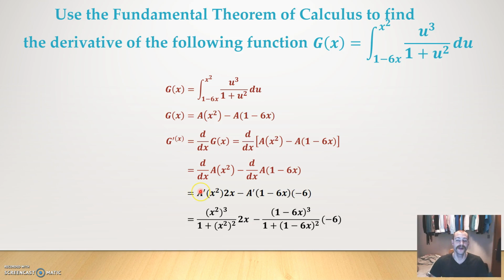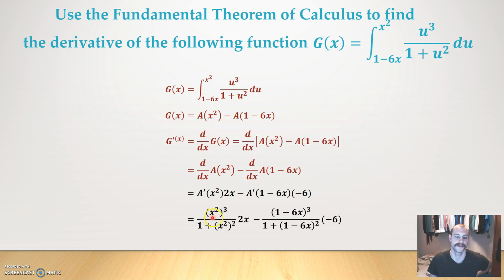Now, derivatives and antiderivatives work very nicely together. If you take an antiderivative and then take its derivative, you get back what you started with. They undo each other. What we started with was u cubed over 1 plus x plus u squared. So if we take an antiderivative of that and then the derivative of our antiderivative, we get this back, except it's evaluated at x squared, not u.